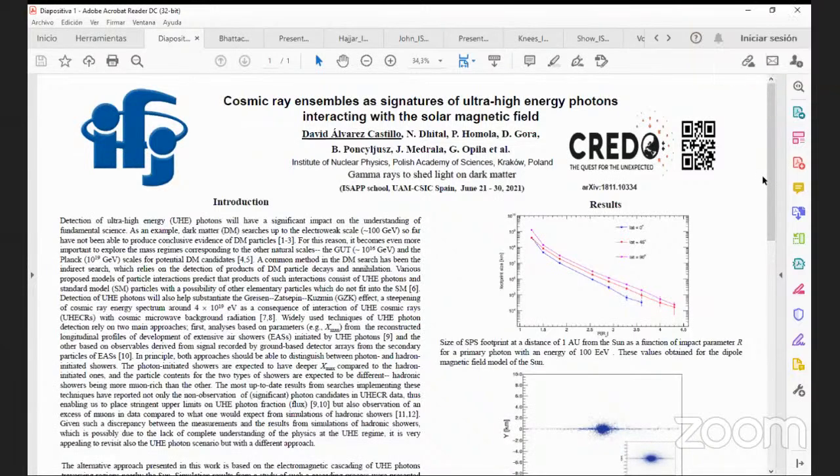Thank you. So basically, in the introduction, I describe the motivation of this study. The idea is that we want to study the possibility of dark matter interacting with the magnetic field of the sun. If dark matter interacts, it's possible that it decays and creates the so-called cosmic ray ensembles.